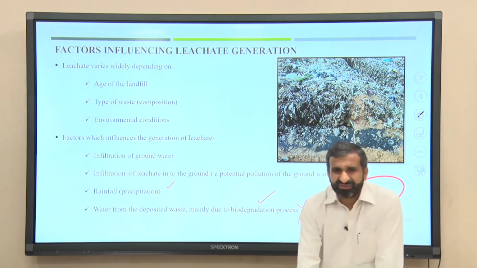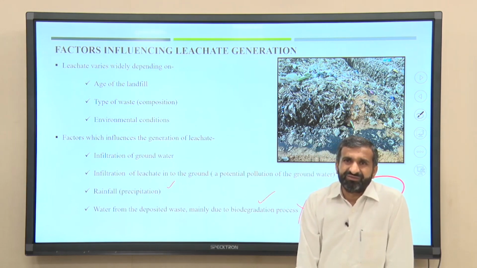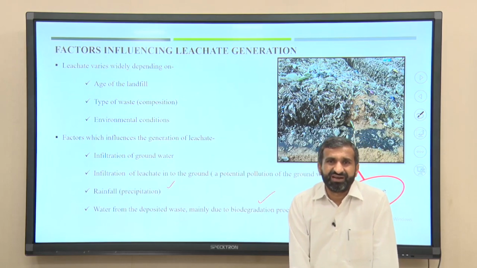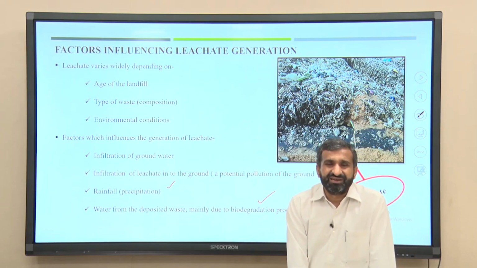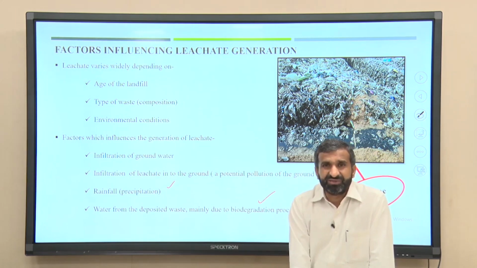Already, I think you can easily see such things in northeast India, where proper sanitary landfills have not been designed, and mostly the waste is getting disposed of in most of the cities in the northeast, whether it is Assam or other states like Tripura, Manipur.